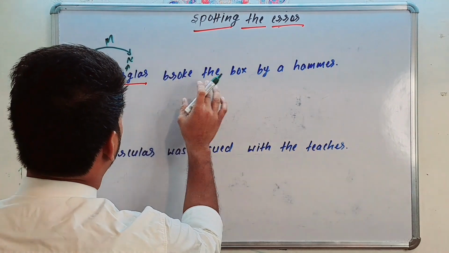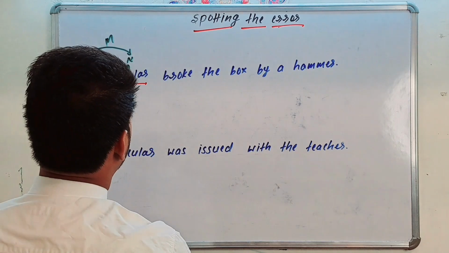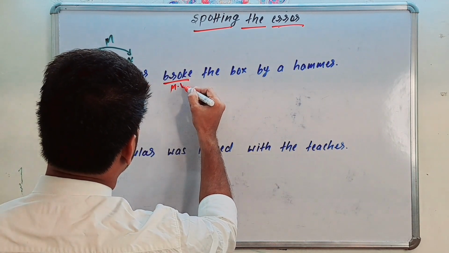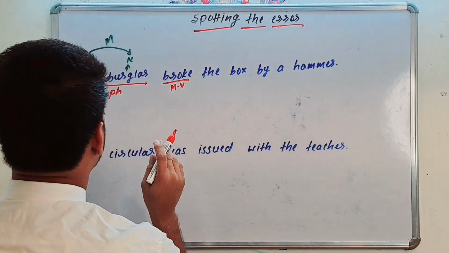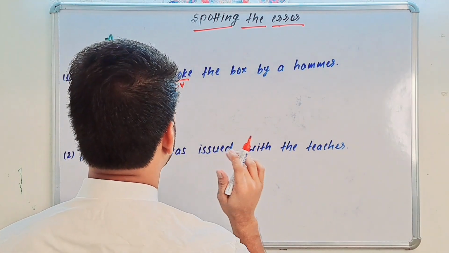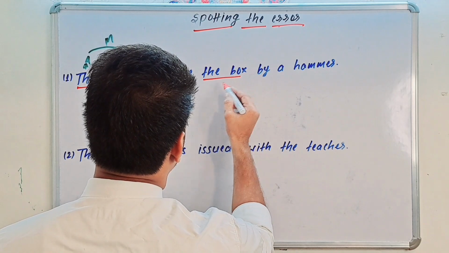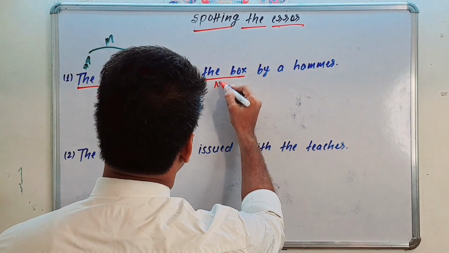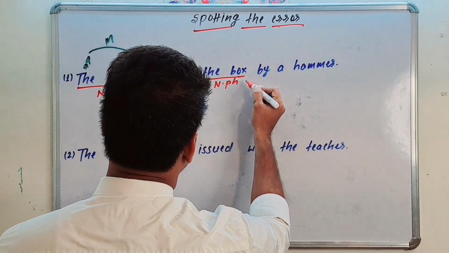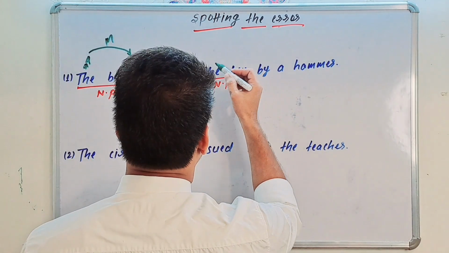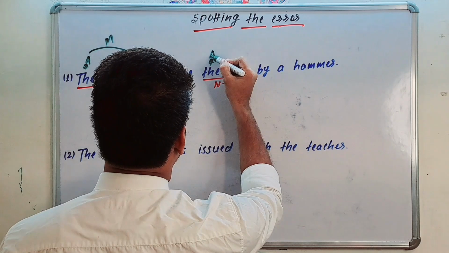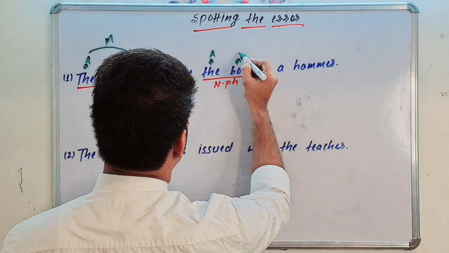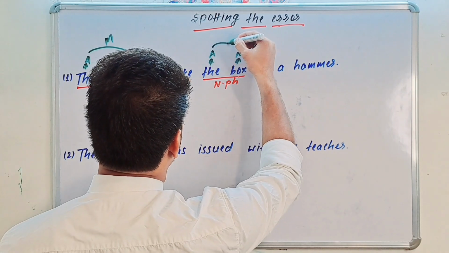The burglar broke. Here see, this one, broke, is your main verb. The burglar broke the box. Here again see the box. Again this is a noun phrase, and in that noun phrase, the is your article, and box is your noun, which it is modifying.